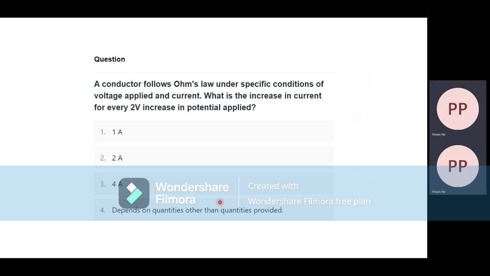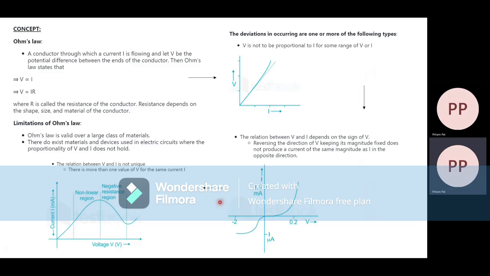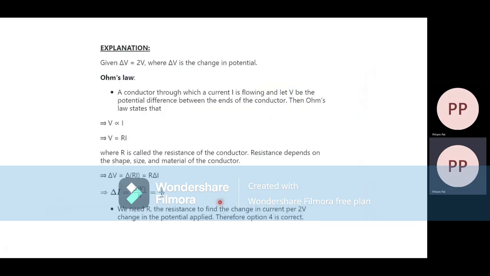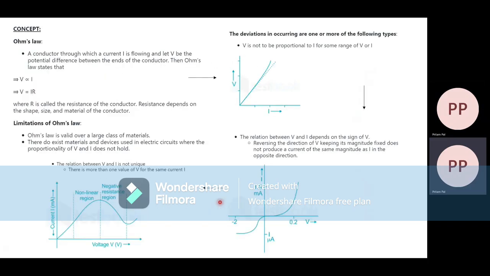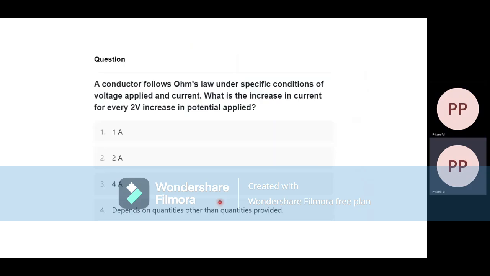What is the increase in the current for every 2 volt increase in the potential applied? Four options are there. First one is 1 amp. Second one is 2 amps. Third one is 3 amps. And fourth one is that it depends on quantities other than the quantities provided.